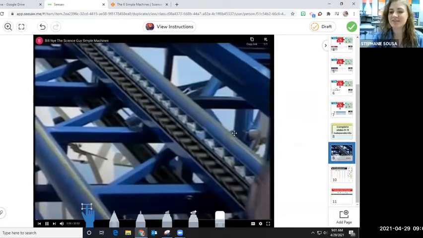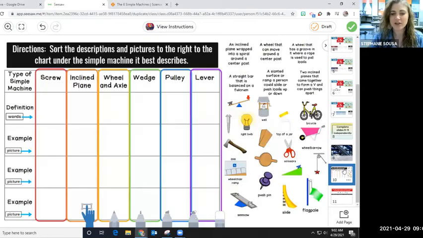Okay, so this is going to give you some examples of real life simple machines. Then right here on slide 10, this is your test today. Your test today is to look at each type of simple machine. They're color coded for you.